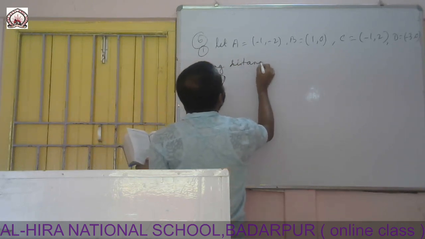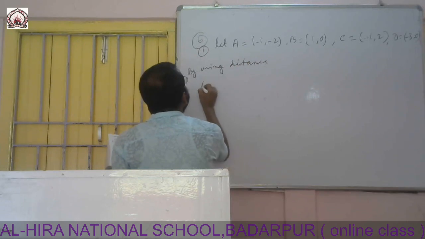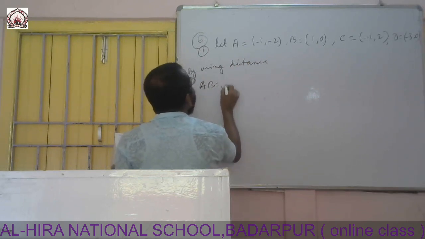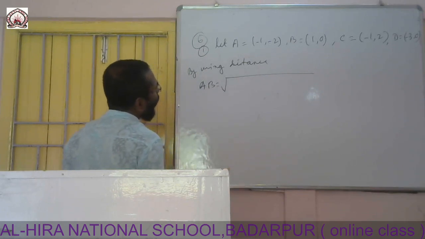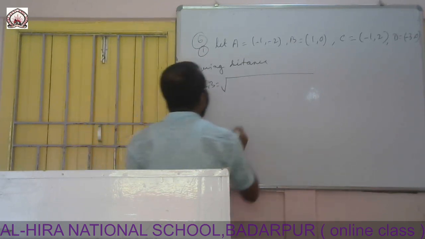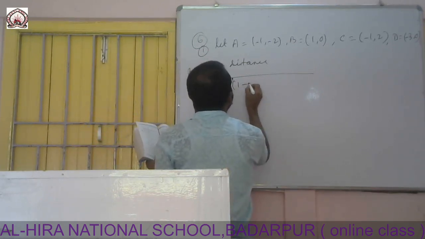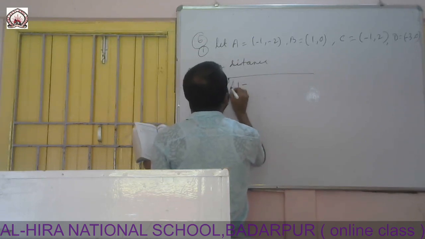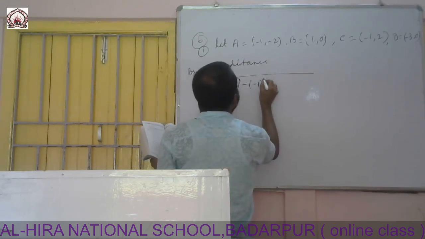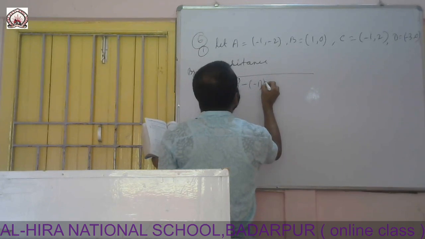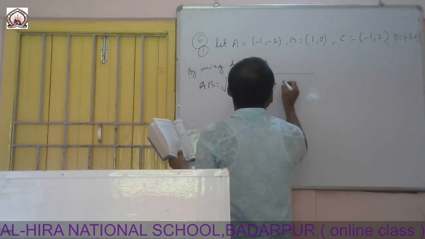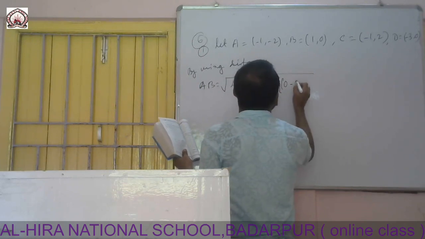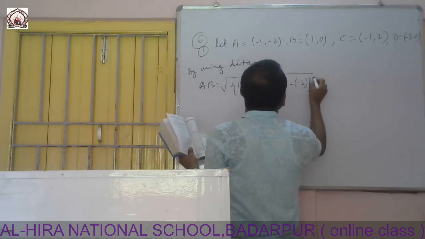Some are very simple. So AB will be the square root of (x2 minus x1) squared. Here x2 is B's, which is 1. So (1 minus of minus 1) squared, and (y2 minus y1) is (0 minus of minus 2) squared.